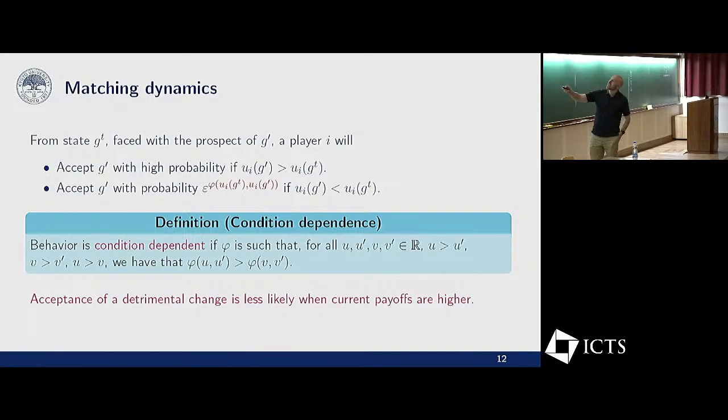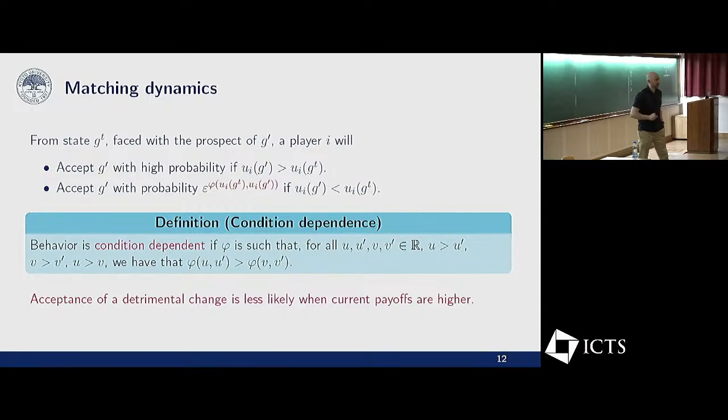Again, in this class of models we looked at yesterday, it's epsilon to the something that depends on the payoff from the current matching and the payoff from this new possible matching. So that could be a rule that, for example, says the more you lose from making the mistake, the less likely you are to make the mistake.